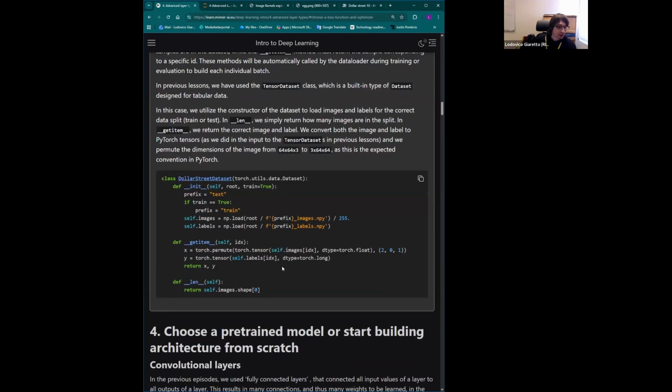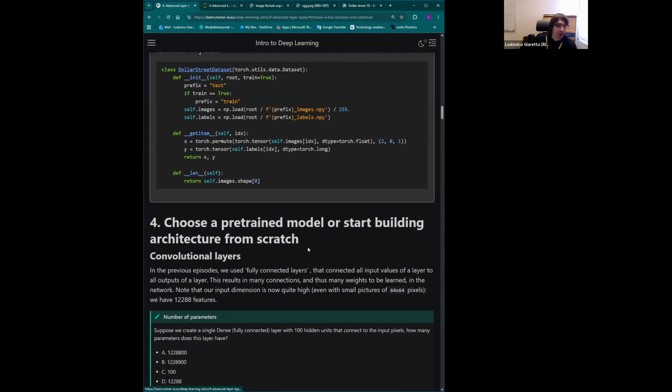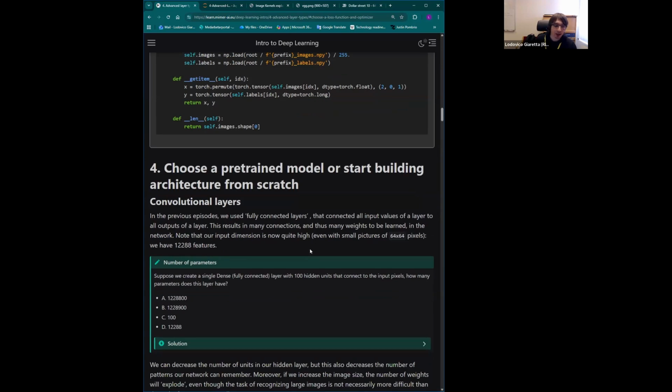But now that we have our dataset loaded, let us look at our model. The next step in our pipeline is always to build a model or choose an existing model to use. In this case, we will try to build our own model. Someone might say, okay, let's do like we did last time and build a fully connected layer, the same architecture that we built last time around.